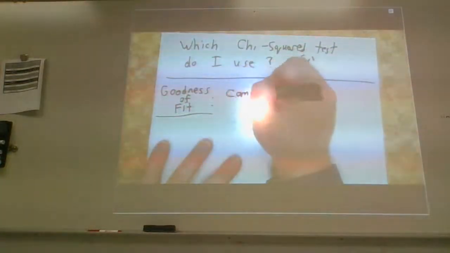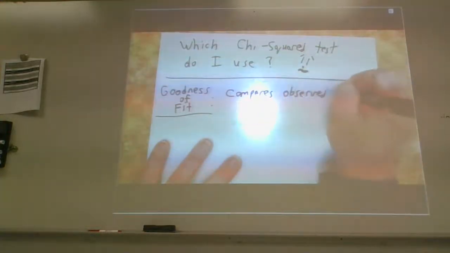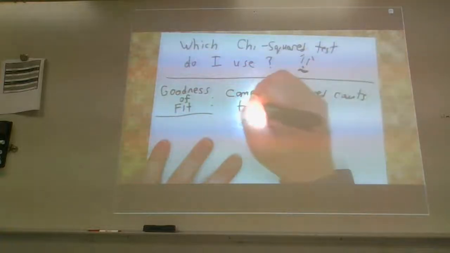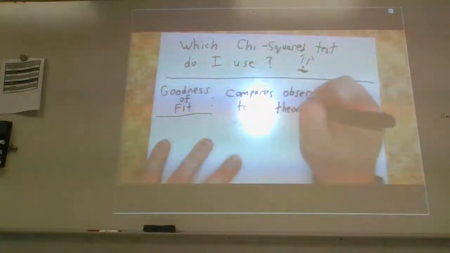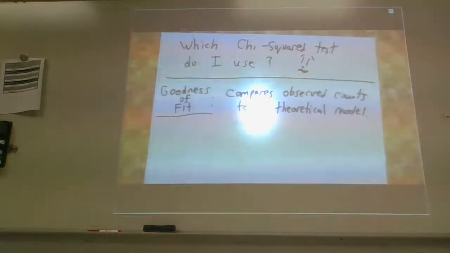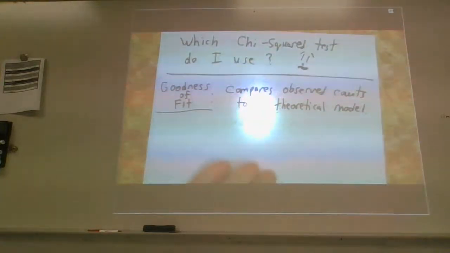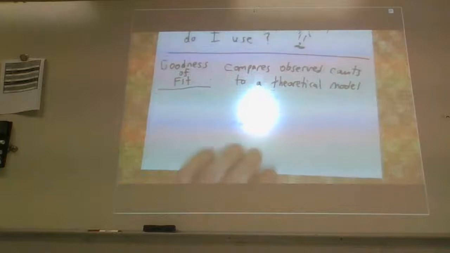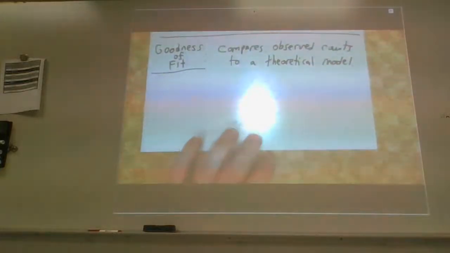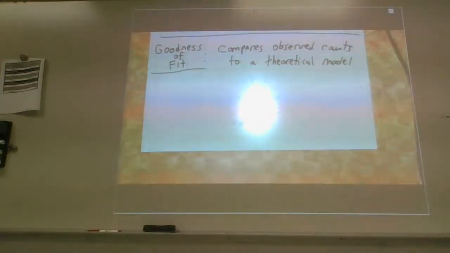It compares observed counts to a theoretical model. How good does it fit the theoretical model? That's just the general idea behind it.